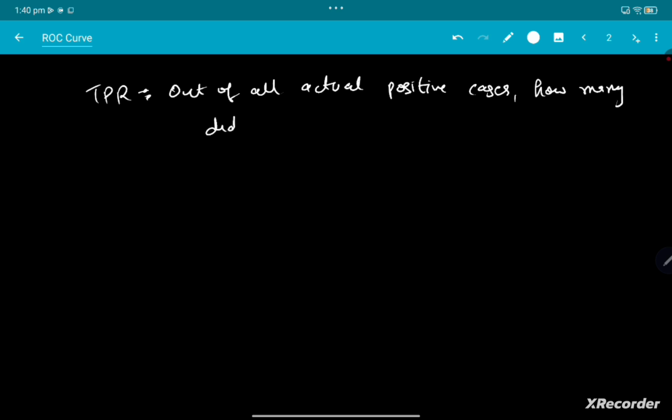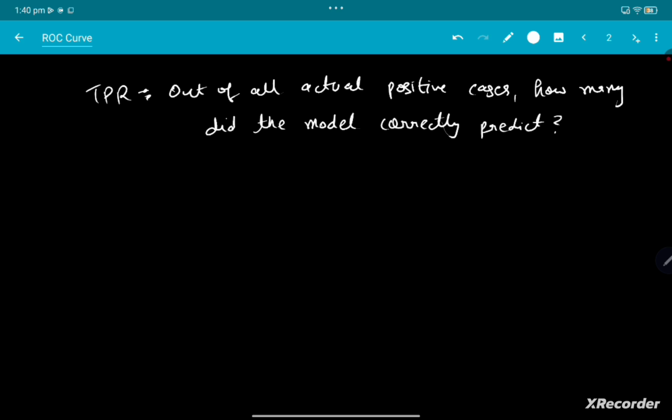True positive rate tells you that out of all actual positive cases, how many did the model correctly predict?